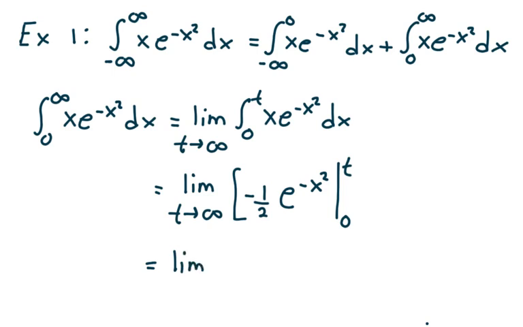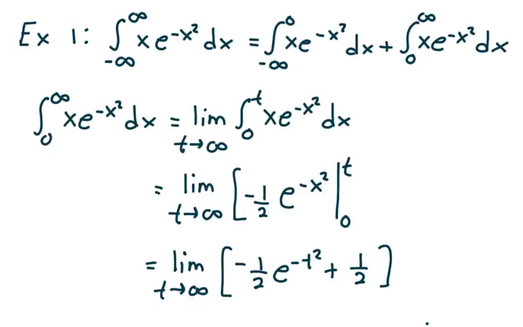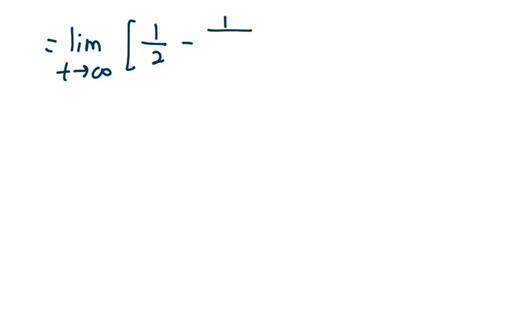So this is the limit as t goes to infinity of negative 1/2 e to the negative t squared plus 1 over 2. I'm going to get the limit as t goes to infinity of 1/2 minus 1 over 2e to the t squared.